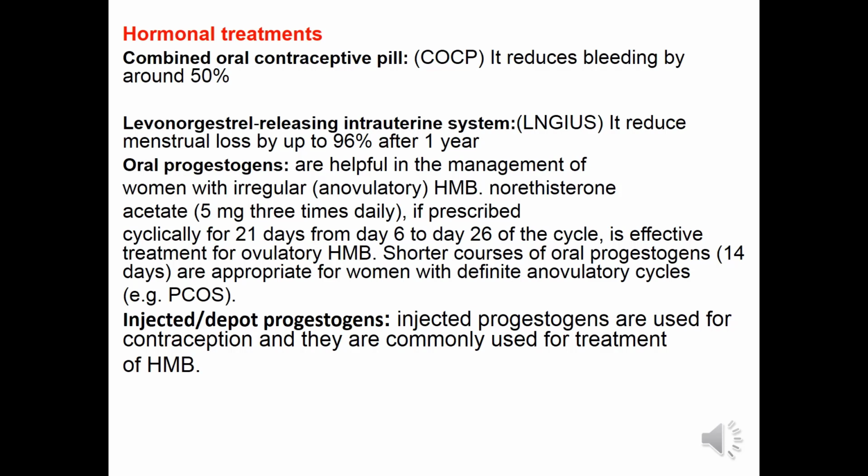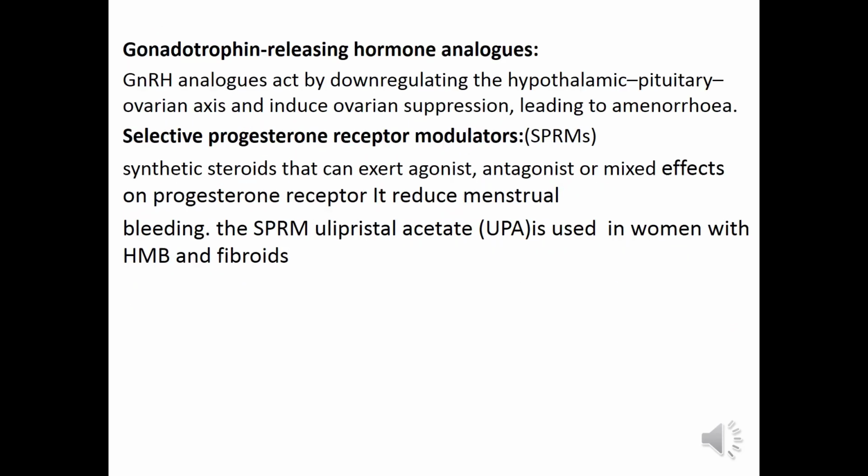Injected depot progesterone is used for contraception and is commonly used for the treatment of heavy menstrual bleeding. GnRH analog acts by down-regulating the hypothalamic pituitary ovarian axis and induces ovarian suppression, leading to amenorrhea.